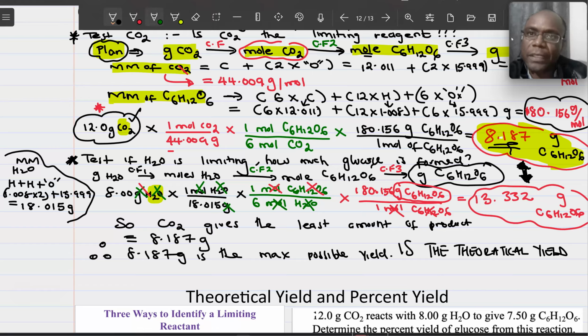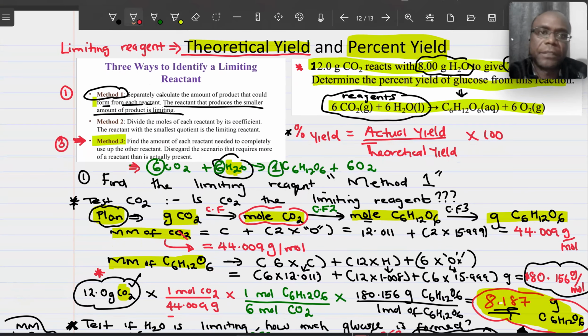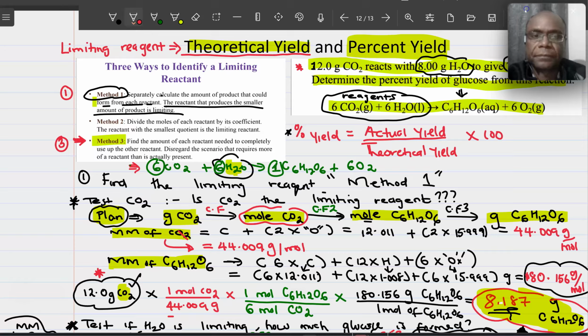So now we can find our percent yield. Percent yield is always the actual yield divided by the theoretical yield times 100. What is our actual yield? The question reads: 12.0 grams of CO2 reacts with 8 grams of water to give 7.5 grams of glucose.